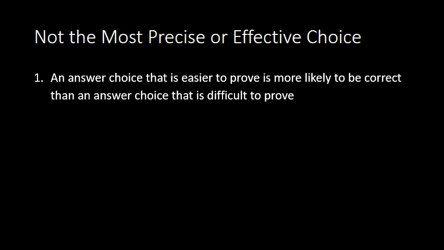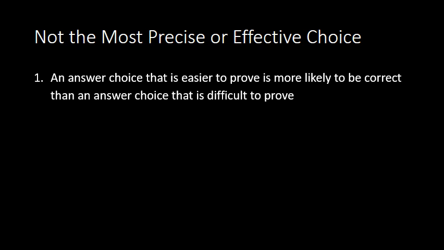One, an answer choice that is easier to prove is more likely to be correct than an answer choice that is difficult to prove. For example, intent or causation is usually harder to prove than damages. An element or other rule component is easier to show than an entire rule.